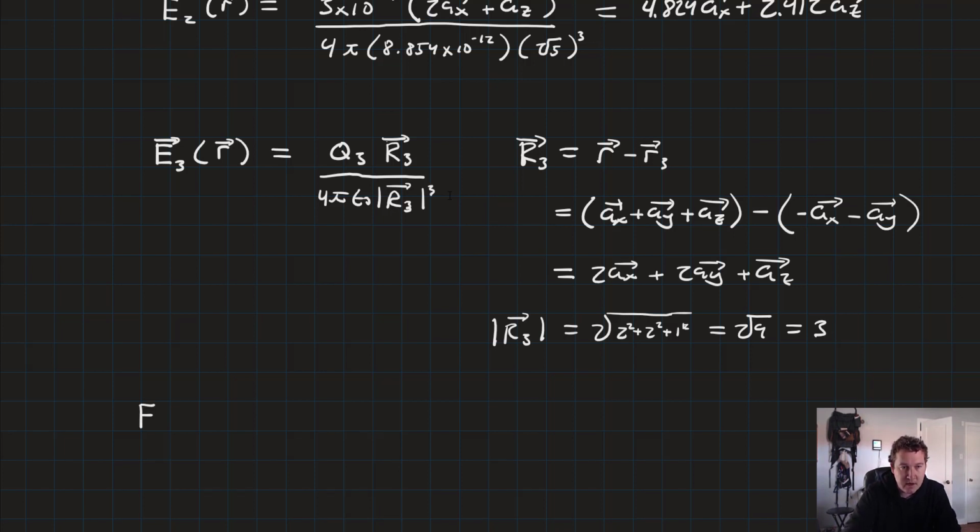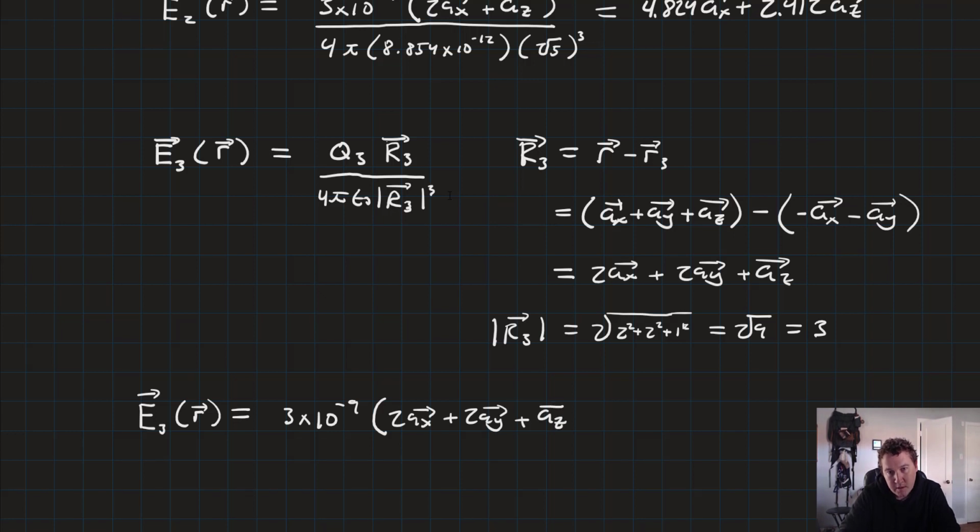Now let's go ahead and calculate E sub 3. That's equal to 3 times 10 to the negative 9 times 2ax plus 2ay plus az, all over 4 pi times 8.854 times 10 to the negative 12 times 3 cubed, which is just 27.